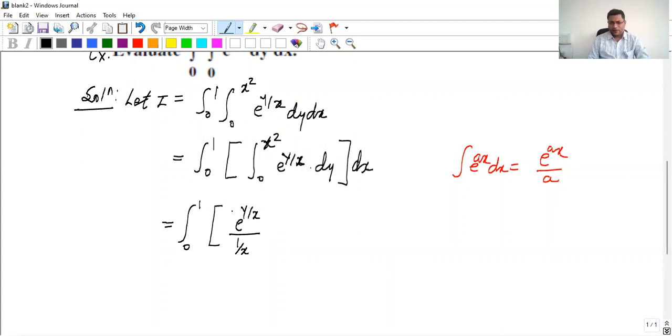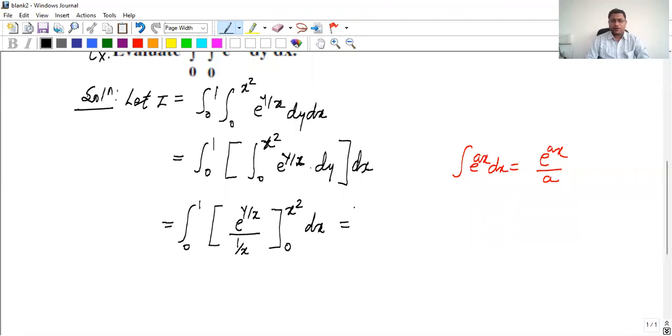We are integrating with respect to y. Now, what are the limits? We have the limits 0 to x square, and then this is dx.